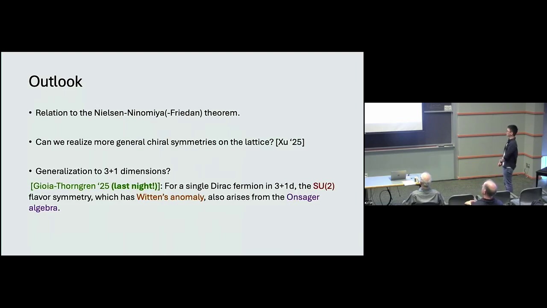The single Dirac fermion in 3+1d has a U(2) flavor symmetry. It has an SU(2) subgroup, and they found that this SU(2) subgroup also arises from the same Onsager algebra. Now, in our story, there's a Schwinger anomaly for the U(1) vector times U(1) axial. In their story, in 3+1d, the SU(2) flavor symmetry famously has a Witten anomaly.